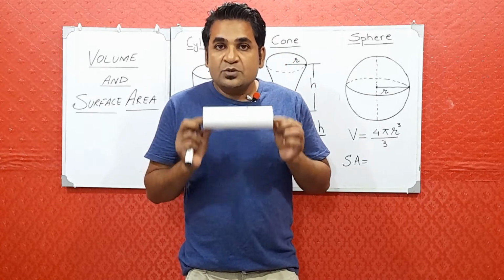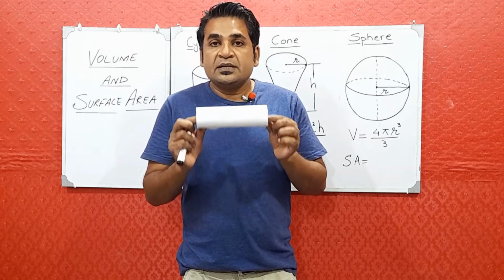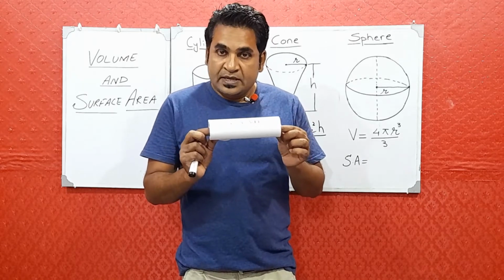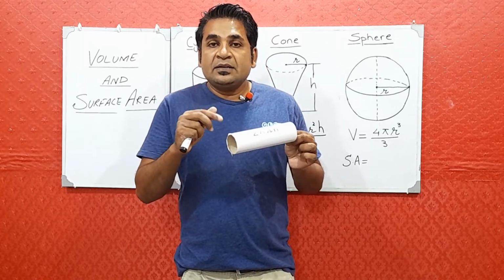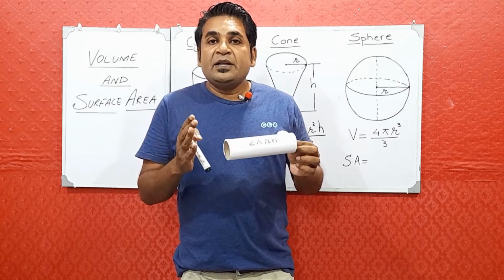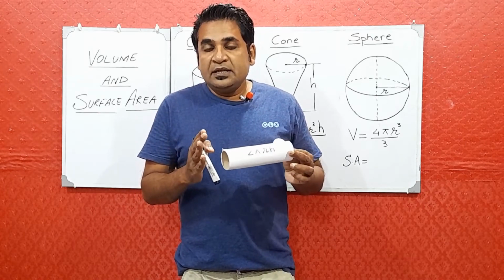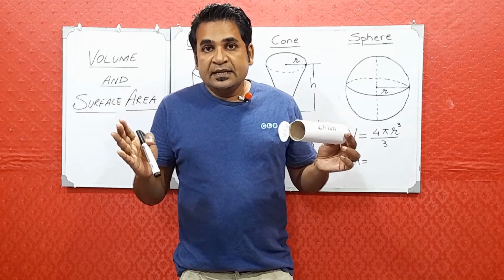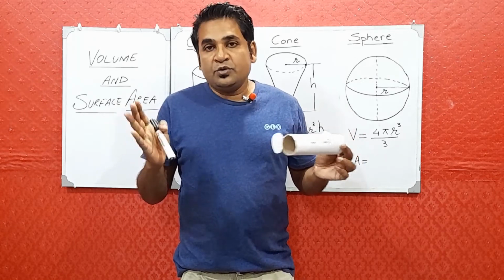So the space occupied by any object is called its volume, and the volume depends upon the size of the object. The larger the size, the larger the volume.